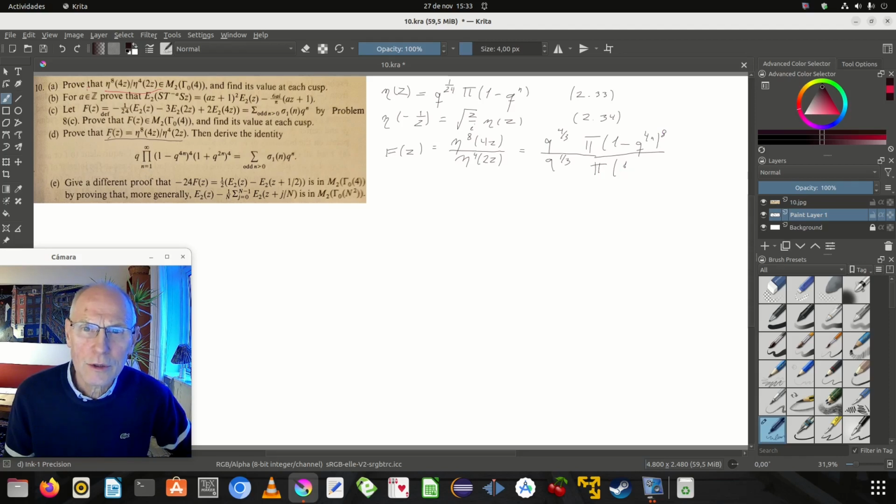And the Q minus Q squared to the 4th. That's Q to the 1st. And then we can divide this up to this.